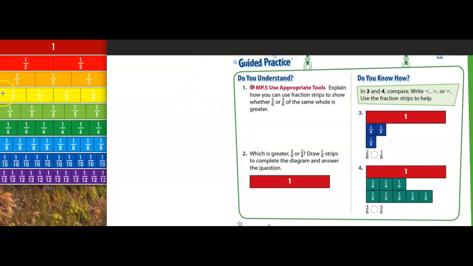So let's look at the fourths. These are the fourths right here, because 1, 2, 3, 4 parts make up the whole.